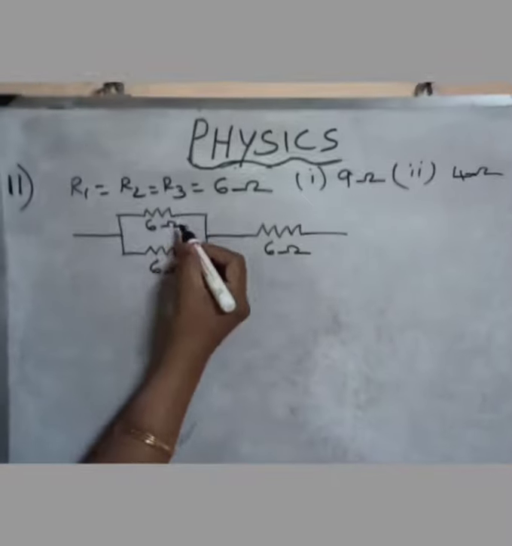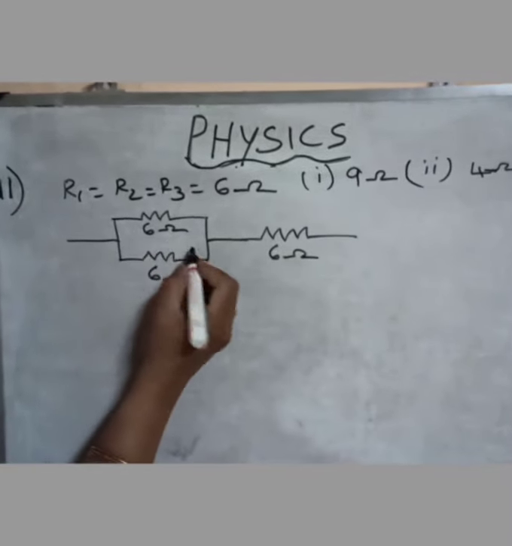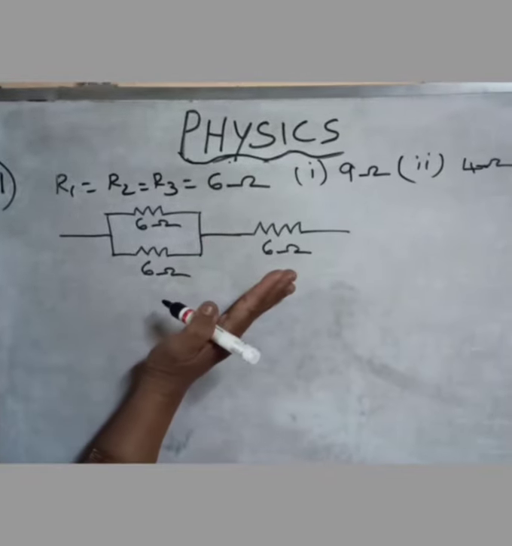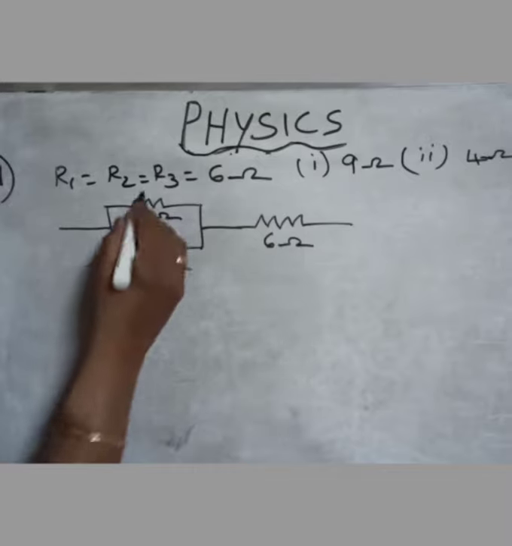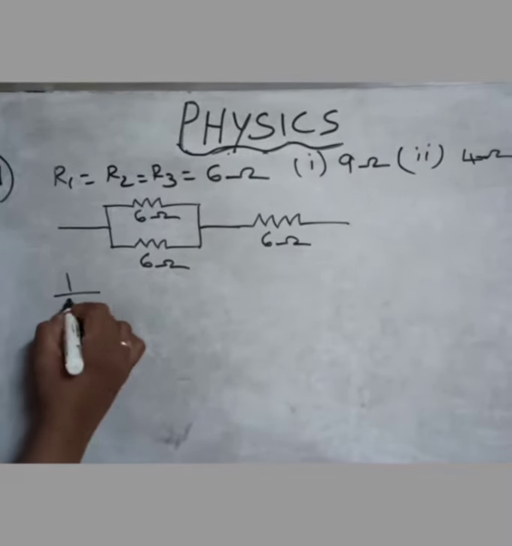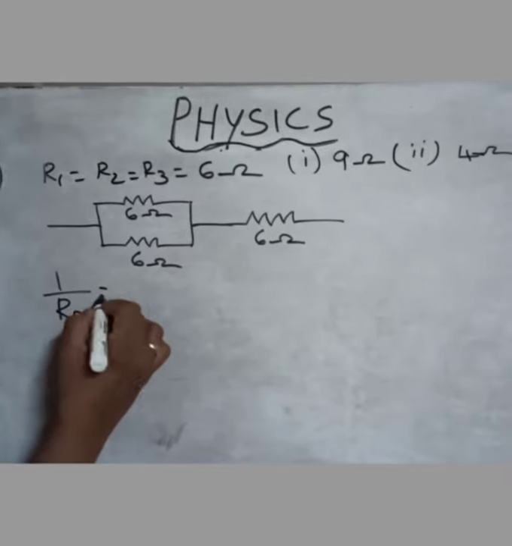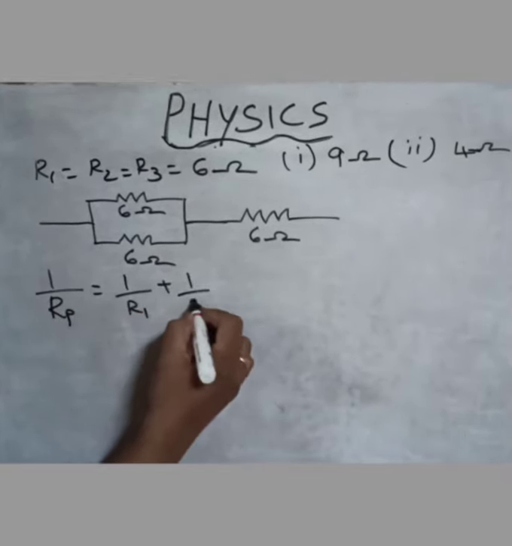If two equal resistors are connected in parallel, the effective resistance will be its half. You can write this formula as: if two resistors are connected in parallel, 1 by Rp equal to 1 by R1 plus 1 by R2.